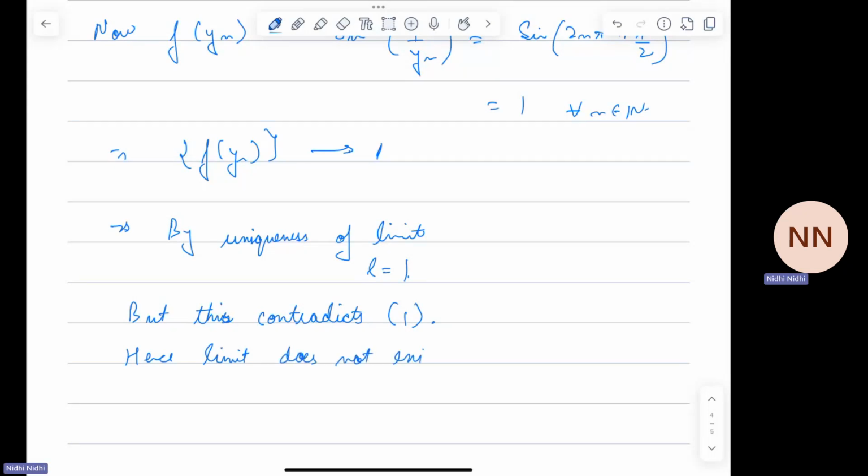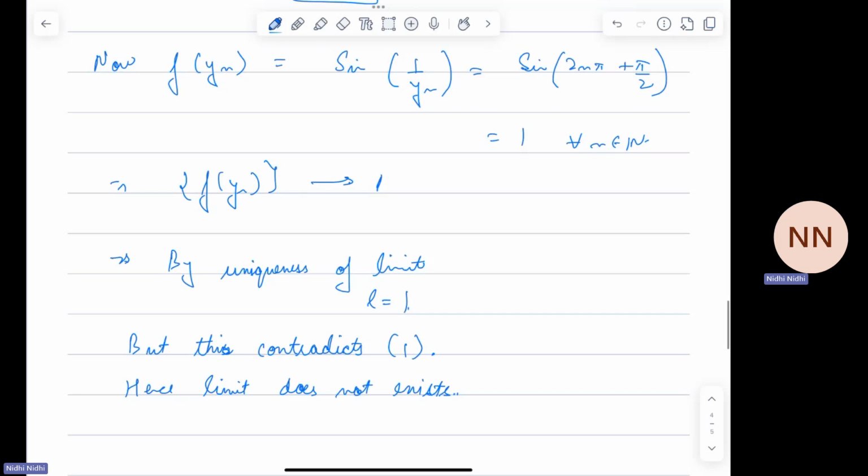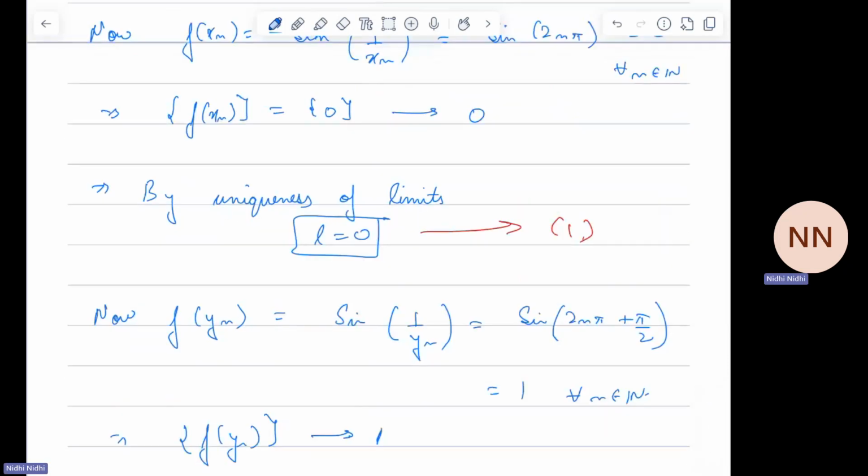Because if it exists, then the limits of the sequences f(y_n) and f(x_n) must have been the same. But in this case, it is not so. Thus, the limit as x tends to 0 of f(x) does not exist.